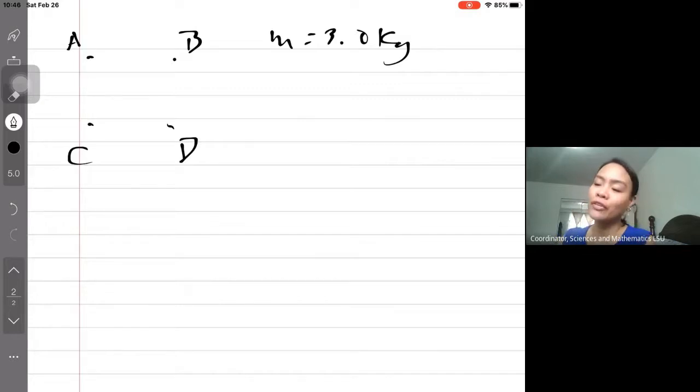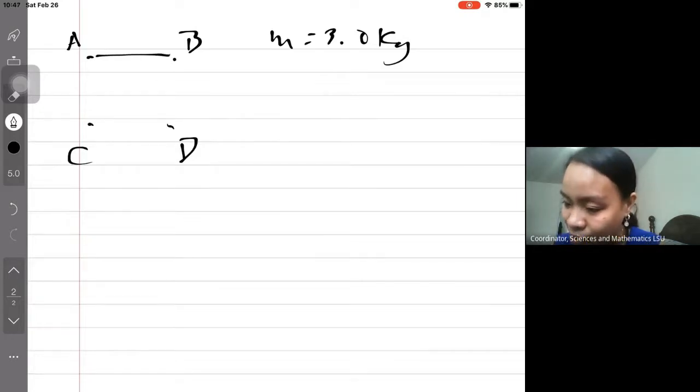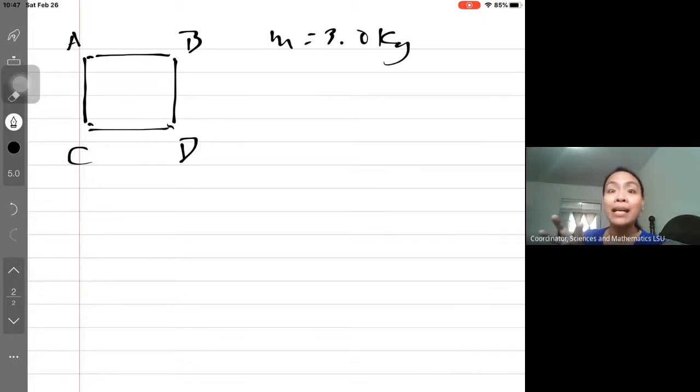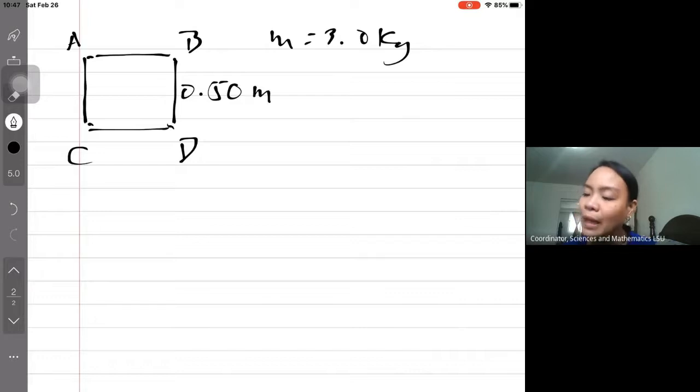They are arranged in a square on massless rods, so we do not account for the mass of the rods. The length of a side of the square is 0.5 meter, and since this is a square, all the sides have equal length, 0.5 meters.